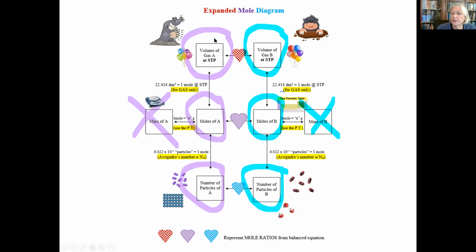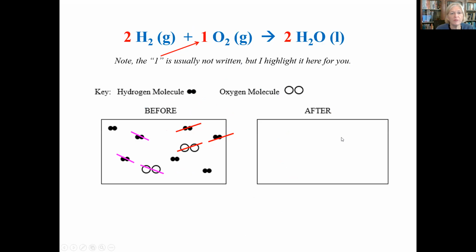The coefficients in a balanced chemical equation can represent the volume of a gas, the moles, or the number of particles. Coefficients do not represent the mass of any chemical in a balanced chemical equation. These are the 3 meanings of the coefficient, but emphatically not the mass.